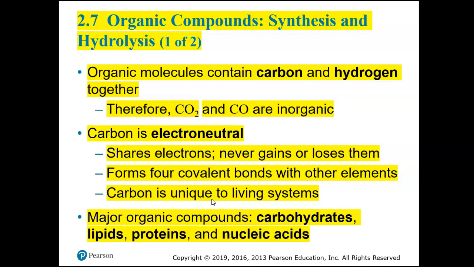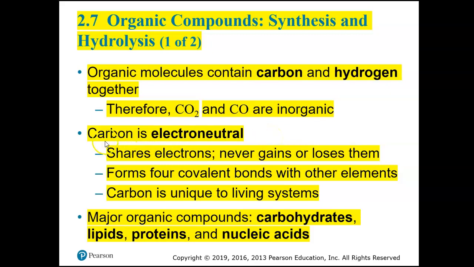There's at least one other element that can do that, I think it's silicon, but carbon just works out better chemically. Carbon is good for forming all of these organic molecules that we're going to study.